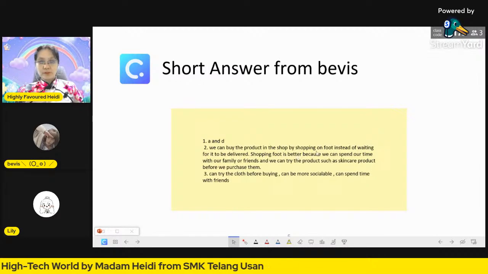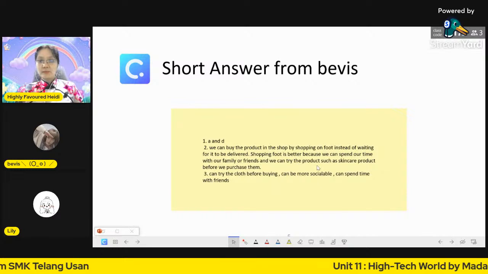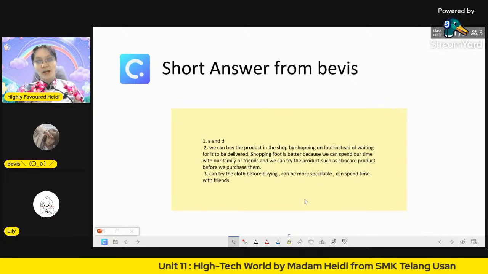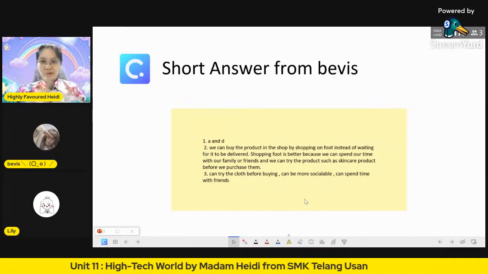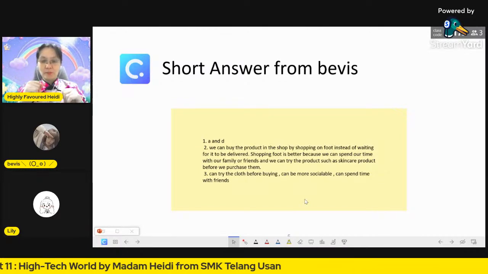Shopping on food is better because we can spend our time with our family or friends and we can try the products such as skincare products before we purchase them. So it's the reason given why you like on food compared to online.